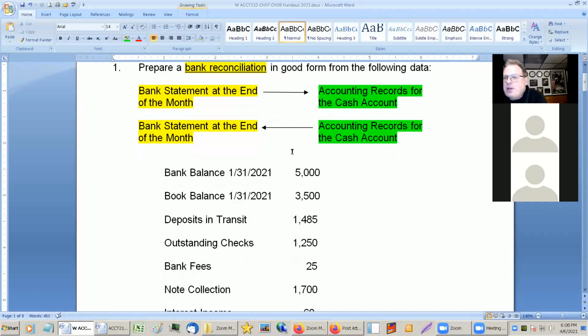There are going to be things that you know that the bank doesn't know. There are going to be things in your accounting records that you know happened, but the bank doesn't know, or at least they didn't know at the end of the month when they made your bank statement. And so what we're going to do is use the bank statement and the accounting records to figure out what the correct balance will be. And you should be able to find the correct balance both for the bank side and for the book side.